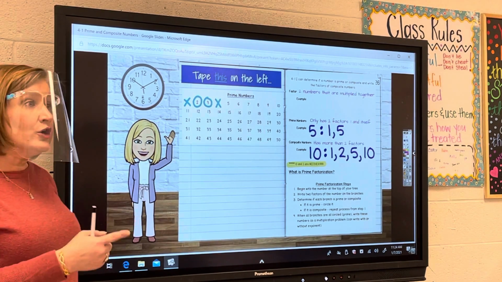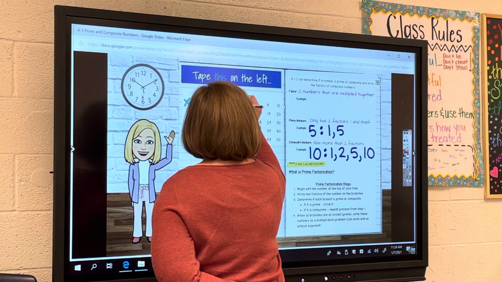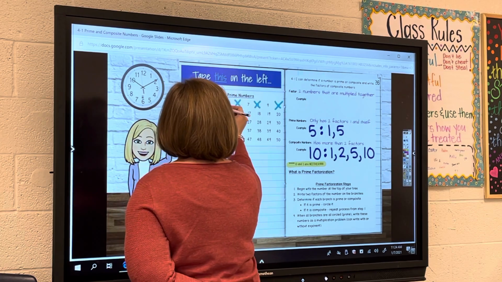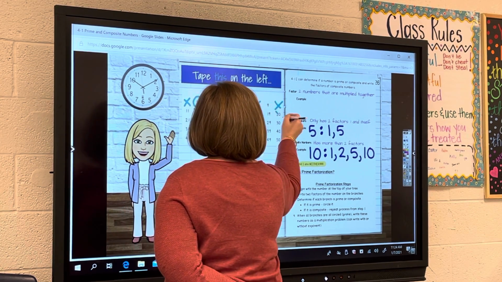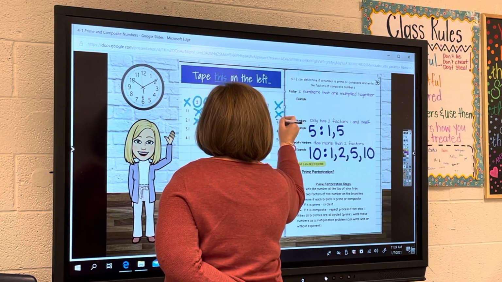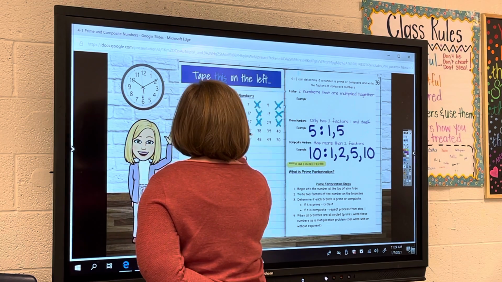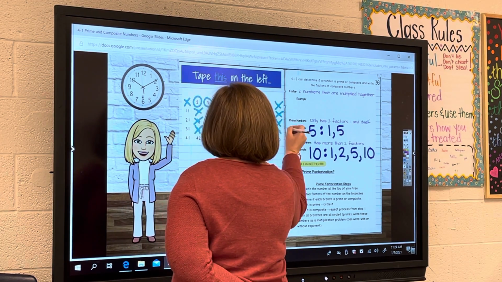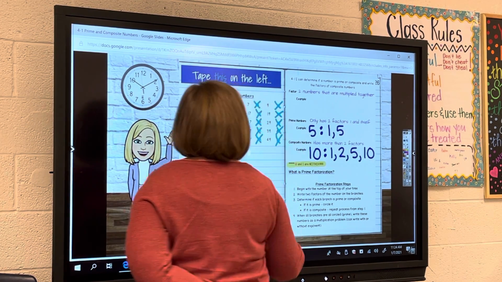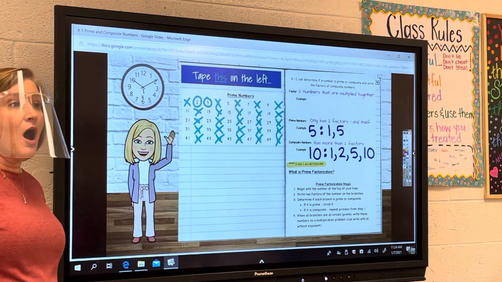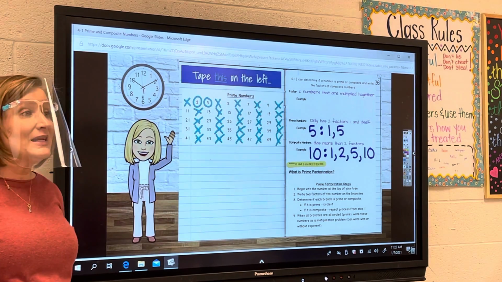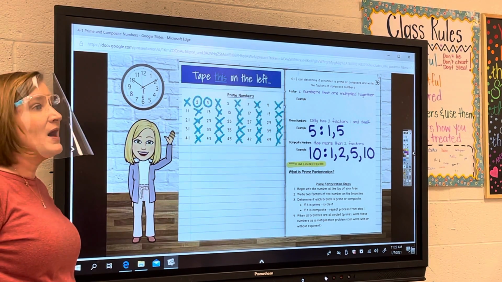So I want you to go through and mark out all of your even numbers. 6, 8, 10, 12, 14, 16, 18, 20, 22, 24, 26, 28, 30, 32, 34, 36, 38, 40, 42, 44, 46, 48, and 50. All of those are even numbers, so we can multiply 2 times something to get those. So we know that those have to be composite.